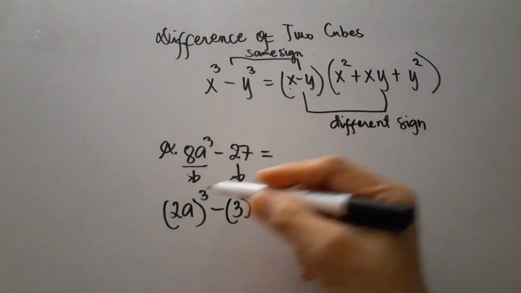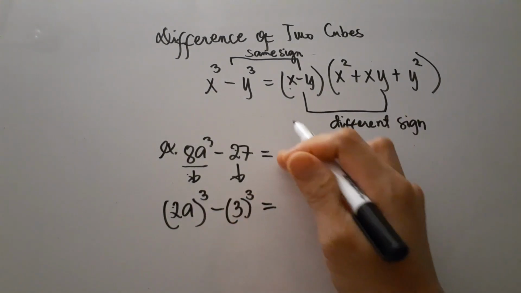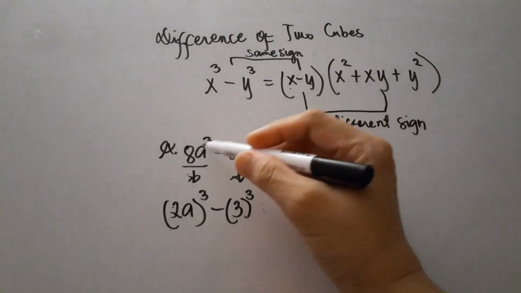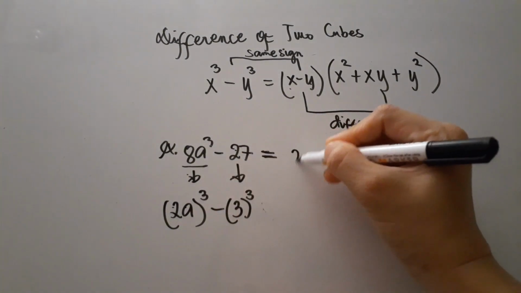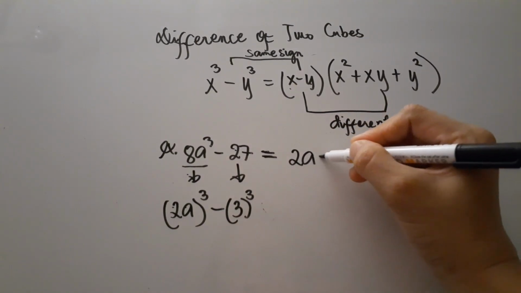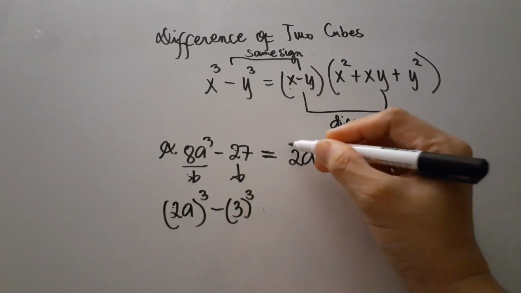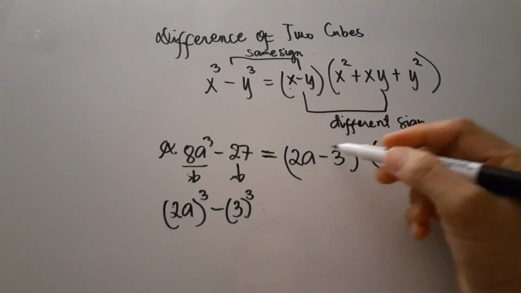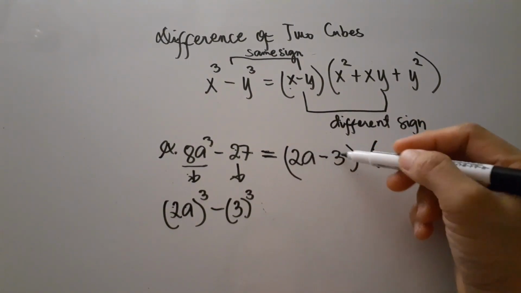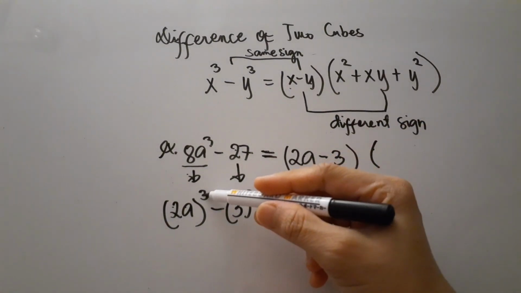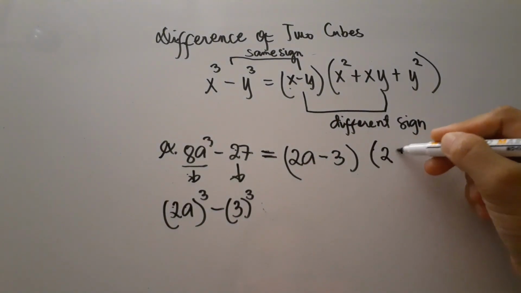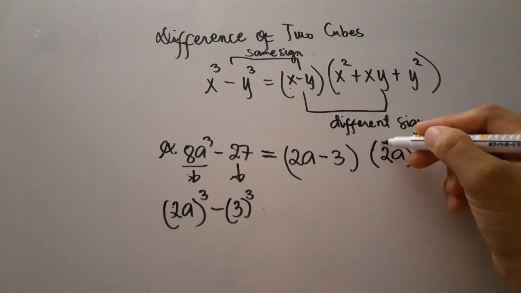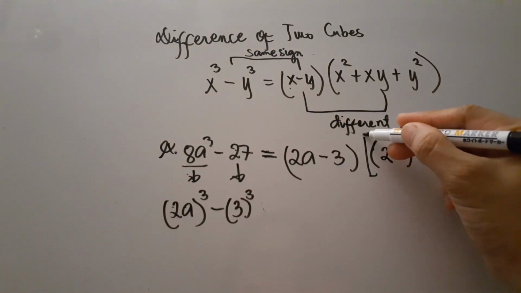In this method, we let our first term be 2a minus 3. This is our first binomial, and the second is the trinomial, which is 2a squared. We can square this one.